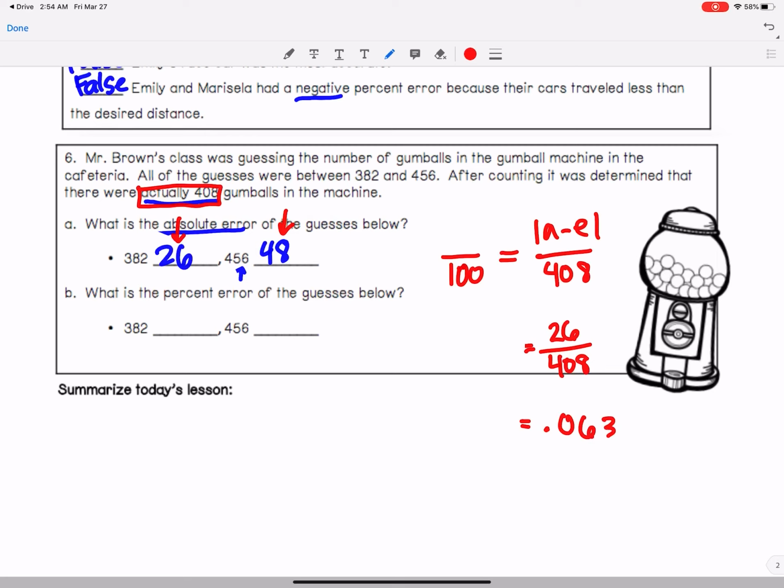Now I just have to times that by 100, and I got 6.37%. And you can just round that up if you wanted to. That could round up to 6.4%.